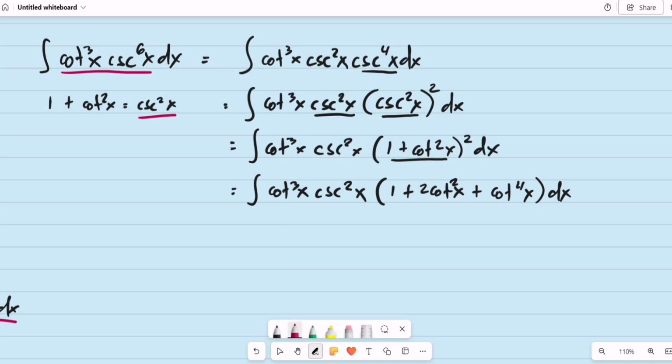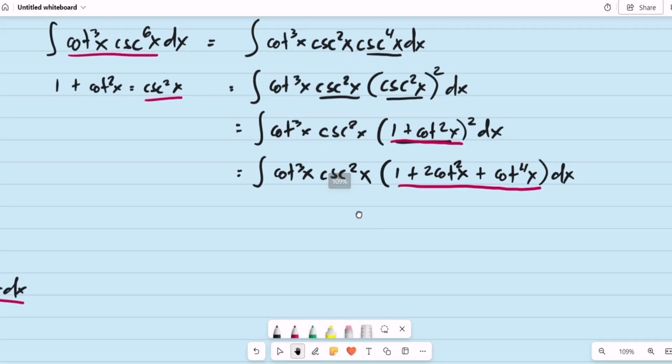So again, to clarify, the quantity 1 plus cotangent squared of x, quantity squared, is equal to this term. We have 1 plus 2 cotangent squared of x plus cotangent raised to 4 of x, then quantity multiplied by dx.